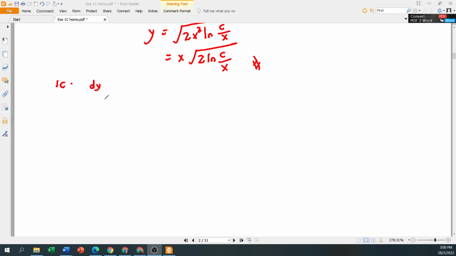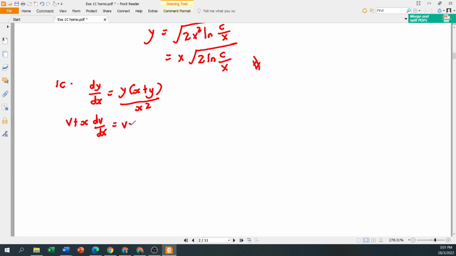Okay, question 1c, you have dy/dx equal to y(x + y) divided by x squared. So dy/dx is v + x dv/dx.